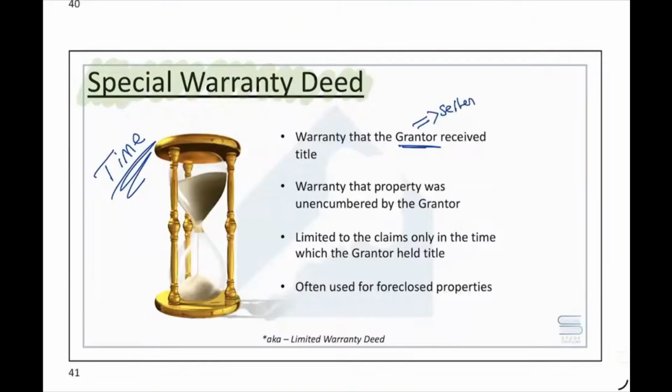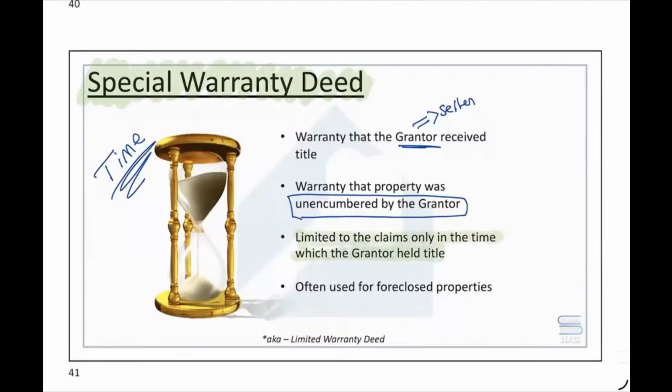What the seller or grantor is saying is, look, I have title. I didn't mess it up. The current owner didn't touch it. Maybe the person before me did, but I didn't mess it up. And if somebody does come and claims I messed it up, I'm not coming to protect you if it was from before.